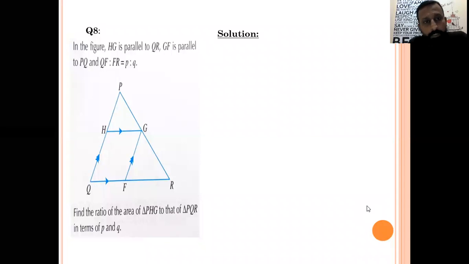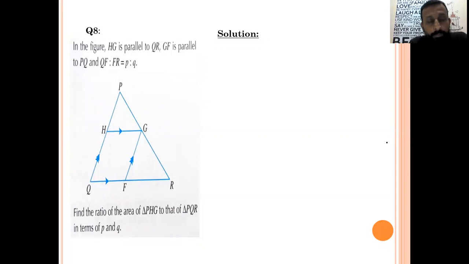All right, boys and girls, this is another question, number 8. In the figure, HG is parallel to QR, GF is parallel to PQ, and QF ratio FR is P ratio Q. Find the ratio of area of the triangle PHG to that of triangle PQR in terms of P and Q. Now what is P and Q?